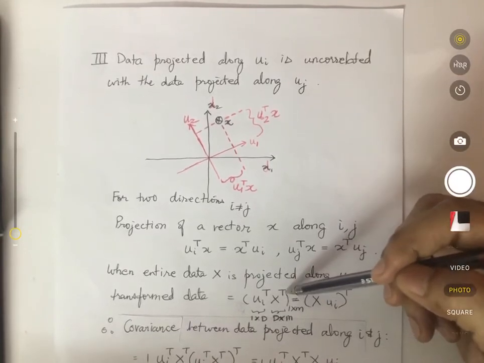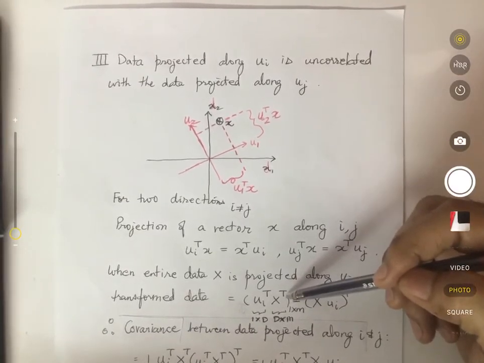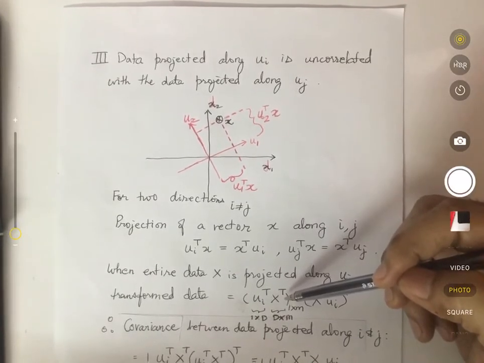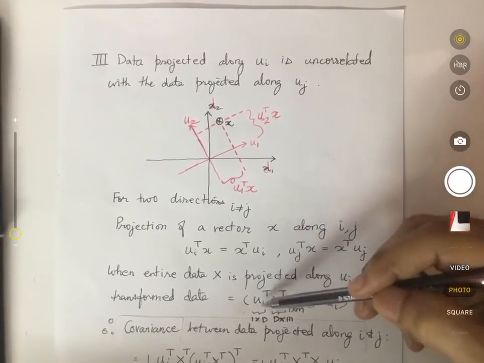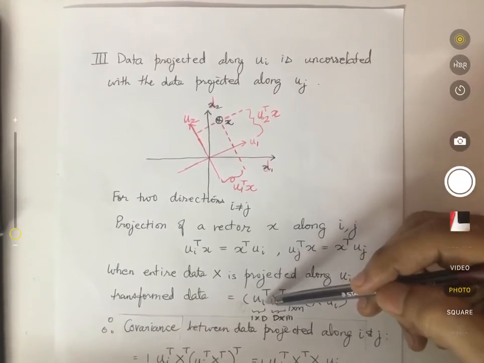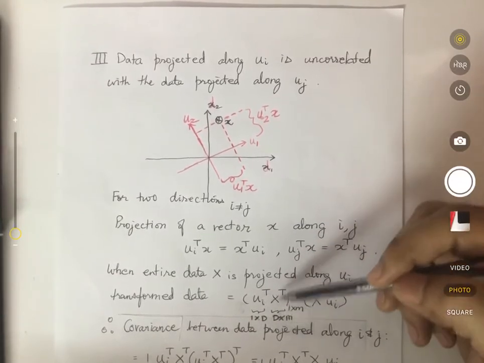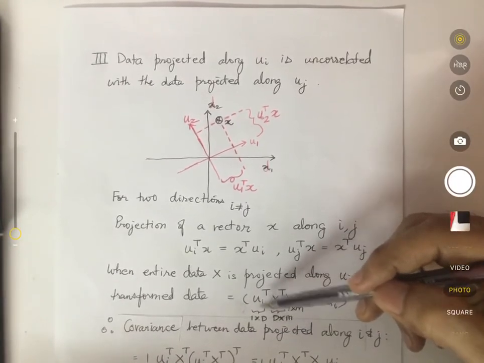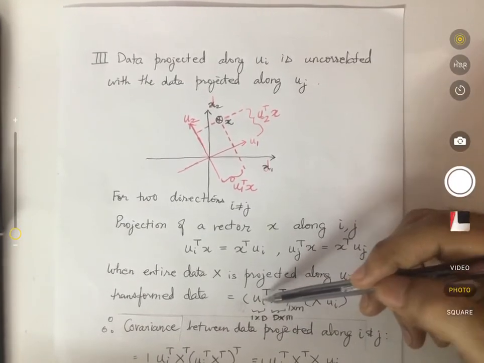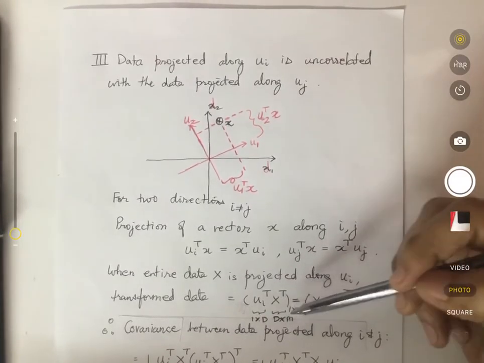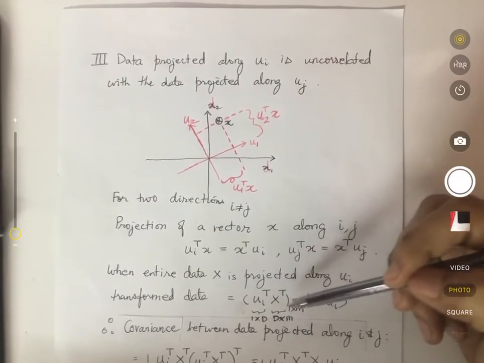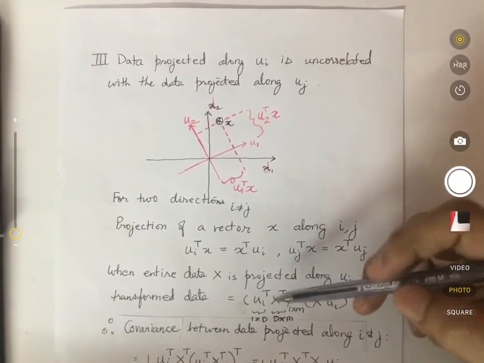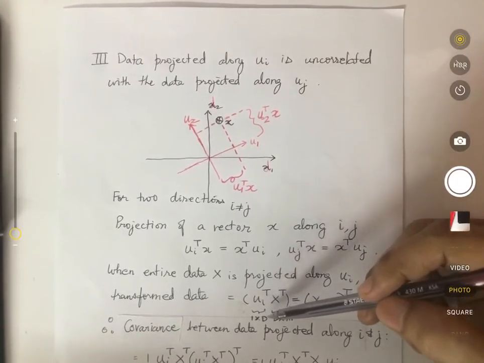So in x transpose, all the vectors x are in column vector format. So when I do that, I'll essentially be taking one row ui transpose and multiplying with the first column vector to get the first projection. Then I would multiply ui transpose with the second column vector to get the second projection, and so on. Let's take a look at the dimensions.